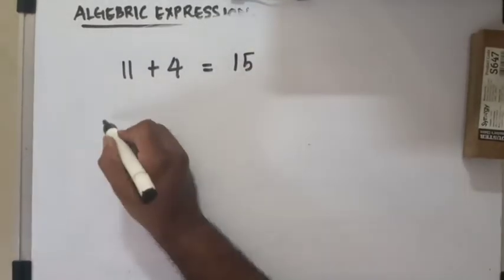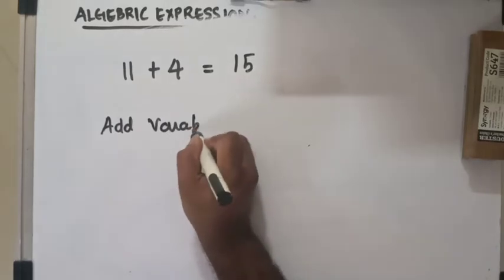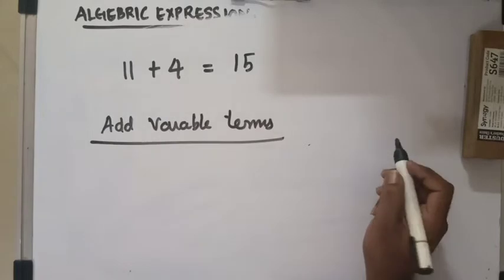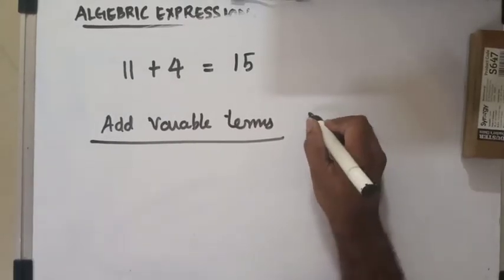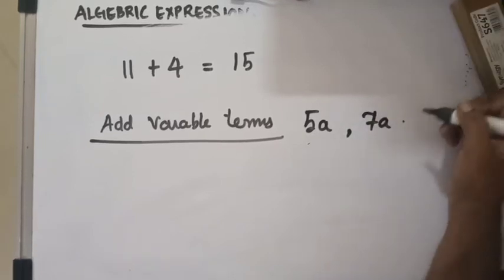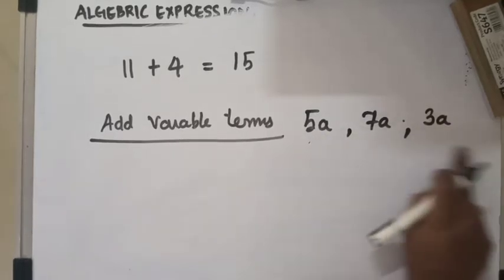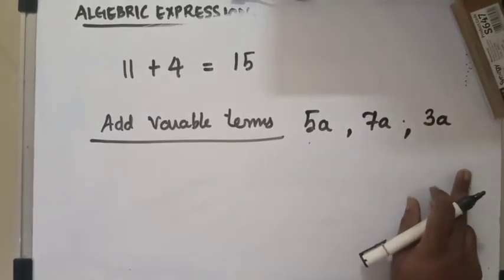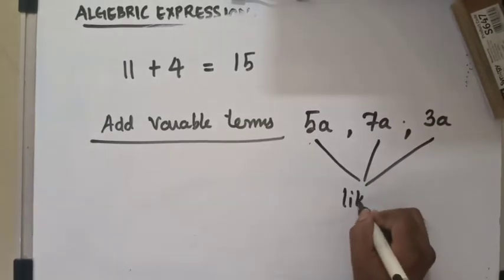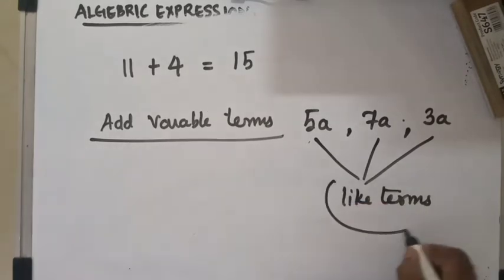But say if I need to add variable terms. Variable terms are numbers along with variables. For example, say 5a is there, 7a is there, and say 3a is there. So these all are variable terms. In this, these all are called like terms. Why are they called like terms?